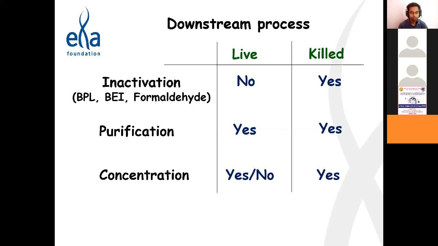Coming to concentration, it depends on the process. If the required antigen content is achieved by purification alone, there is no need for further concentration. If it is not achievable, then depending upon the need, a concentration step is included.